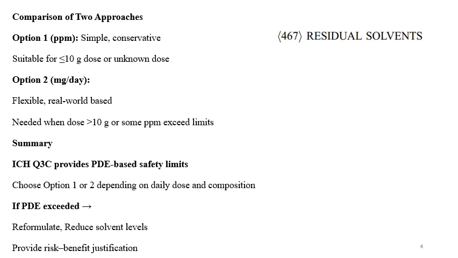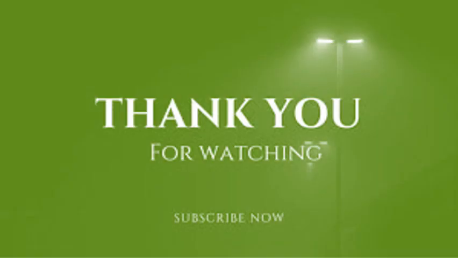And if you find that the PD is exceeding, the product is failing to meet the criteria given in the ICH guideline or USP chapter, then you need to reformulate the product or reduce the solvent levels and provide the risk benefit justification. Many of the times in process checks will help you to reduce these toxic solvent to the safe level.